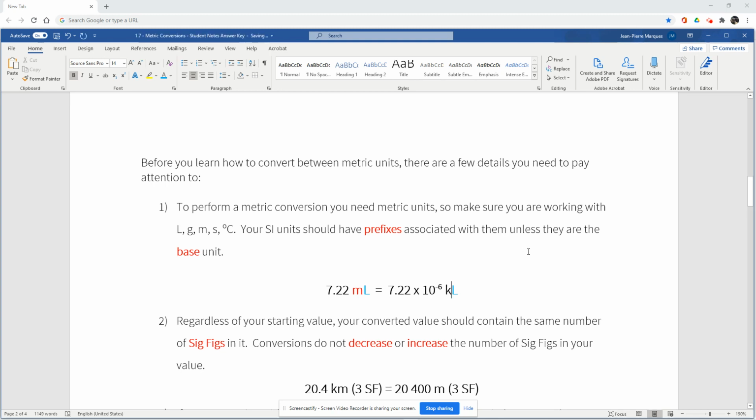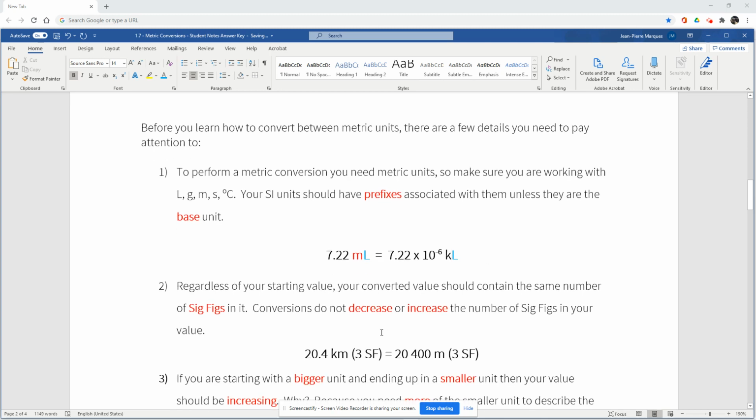Okay, so second thing to consider when you are doing conversions today. Regardless of what value you start with, your converted value should contain the same number of significant figures as your starting value. Conversions do not decrease or increase the number of sig figs in your value.